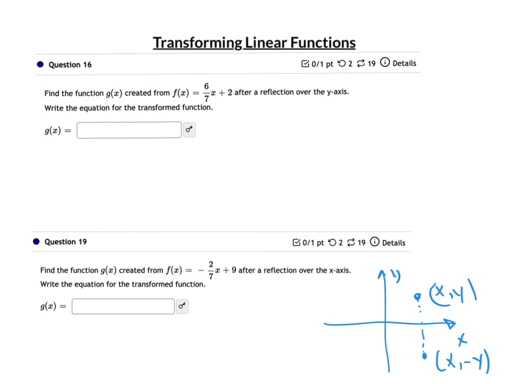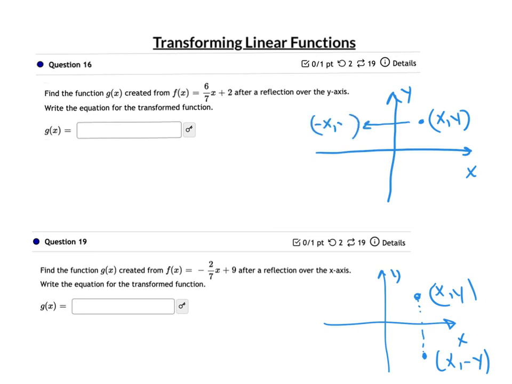These last two examples are reflections. And with a reflection, you always have to think about what's happening to the points. Now, this isn't the inverse thing going on. That's only horizontal. When I do these, I always think of the coordinate plane. And I think of a point, xy. So if I am going to reflect over the y-axis, I'm going to go this way, which means my point becomes negative x comma y.